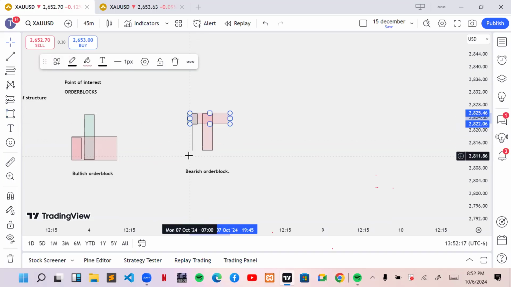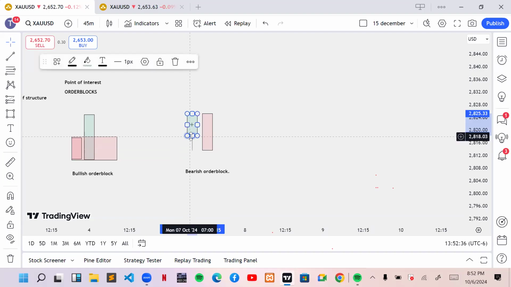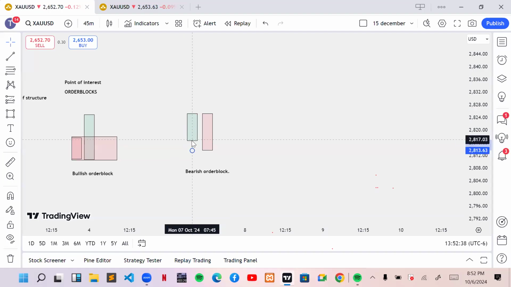You understand? So if the wick of the order block is longer than the body, you pick your entry from the body. But in a situation where the wick is smaller than the body, for example, this is the body and this is the wick, the body of the order block is bigger than the wick, so pick your entry from the wick of the order block. Do you understand?